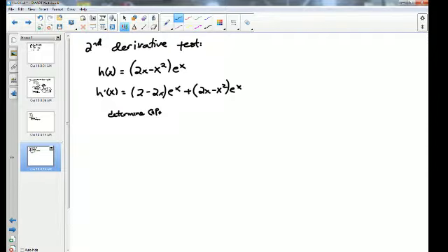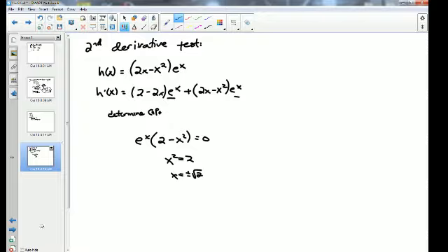Okay, so if we're determining critical points, I'm going to factor this out because it makes it easier. And we get 2, negative 2 plus 2 is 0. So this can never be 0, right? Nope. And what would that give us? X squared equals 2. Or, like, positive.